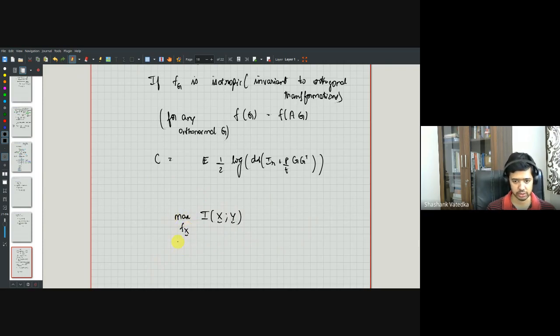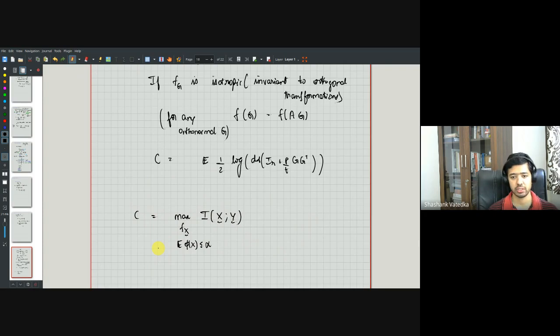And of course if you have any sort of power constraint or cost constraint, then you know that the expectation of phi of x, if phi is the cost function, should be less than or equal to some parameter. So this is the capacity of any memoryless channel, whether it has continuous or discrete alphabets.